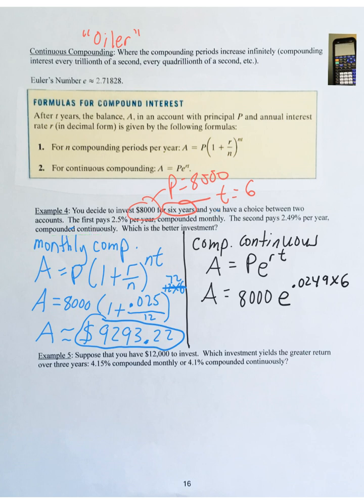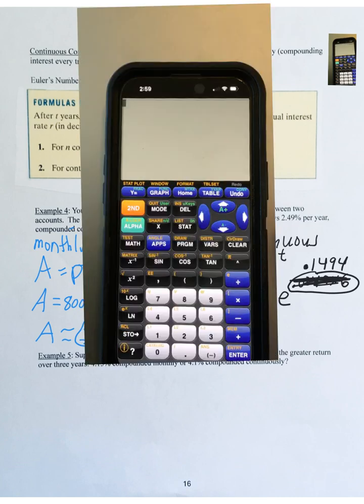But let's go ahead and type in 0.0249 times 6. And when you plug just this exponent in right here, 0.0249 times 6, you should be getting as the new exponent 0.1494.